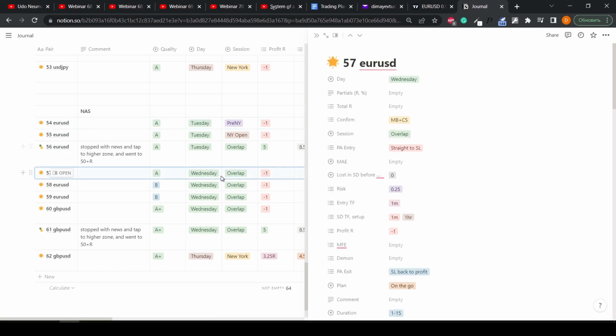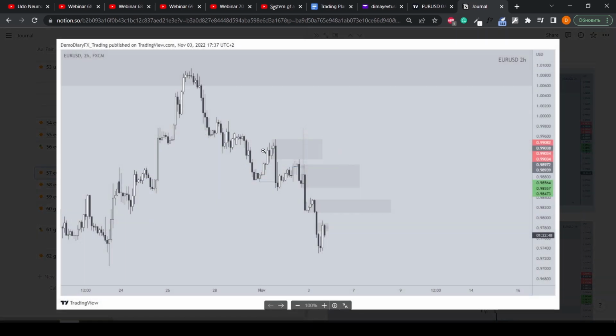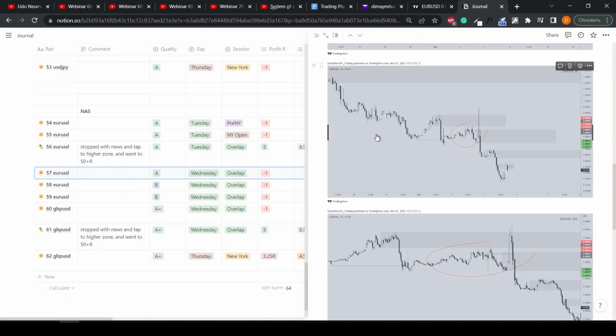Then it was Tuesday. On Wednesday we continued to follow, so for daily and 4 hours you can check previous trades. On 2 hours you see this really wavy, really nice structure formed.